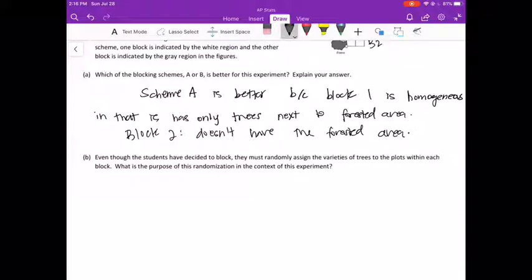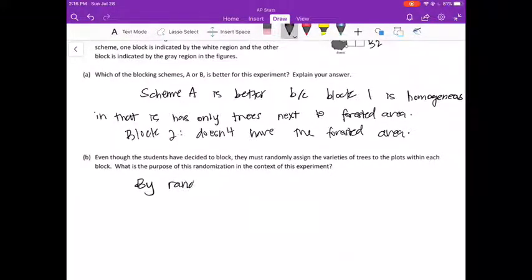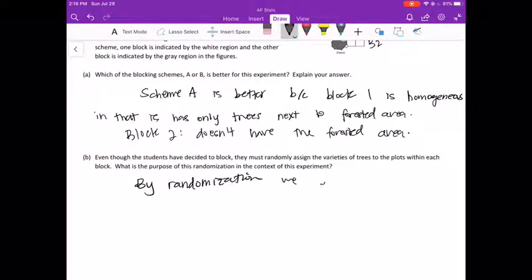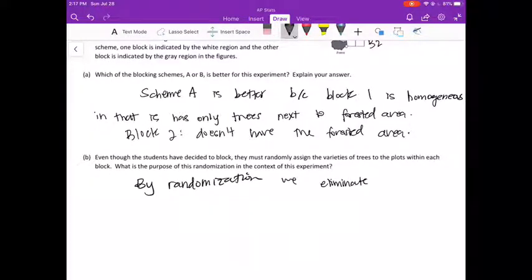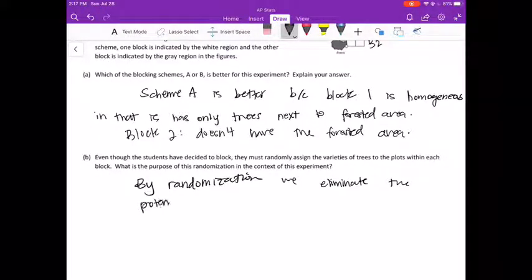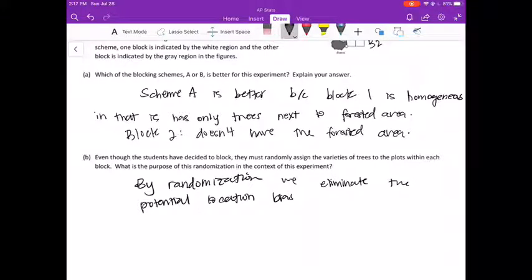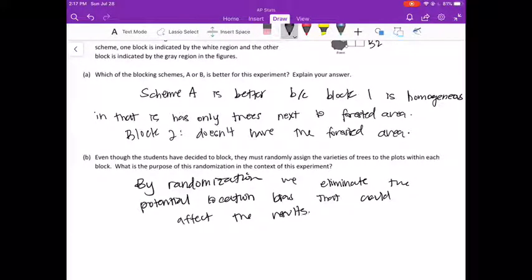So by randomization, we eliminate the potential bias, potential location bias, that could affect the results.